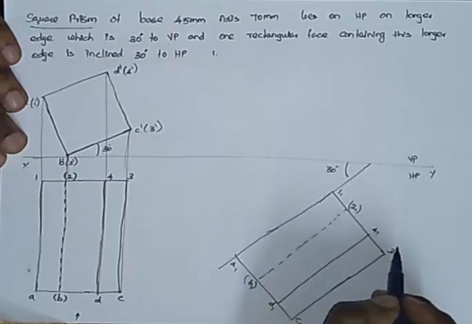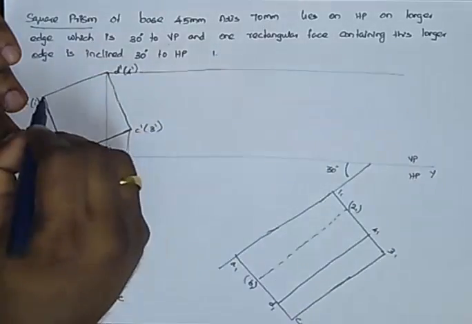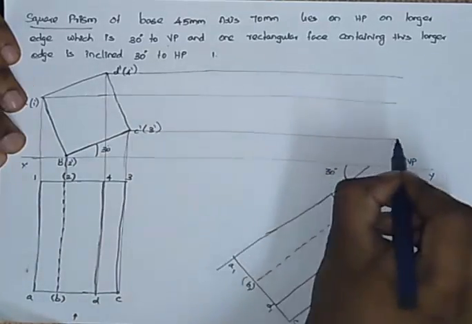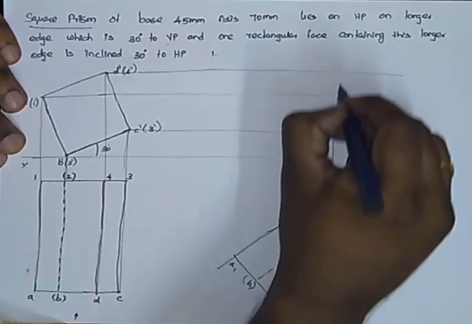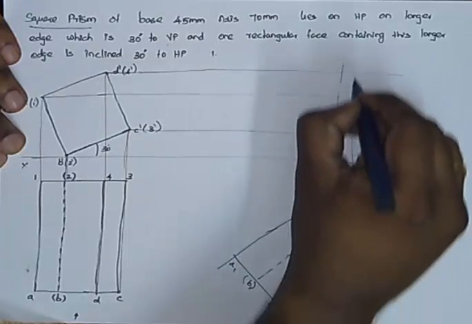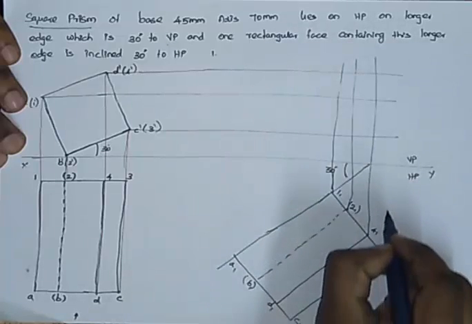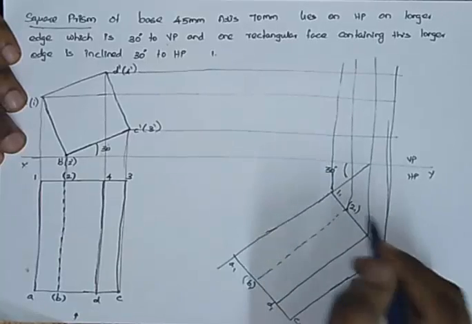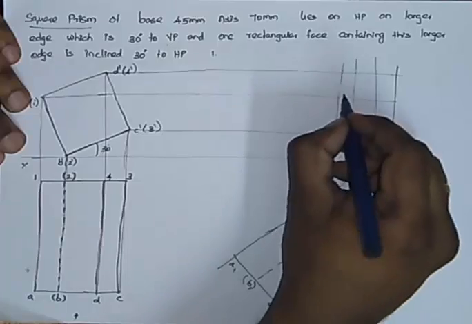Now we have to project all these lines, all these points. Make it horizontal, make it horizontal, and make these points vertical. Now point 1 dash will come here.